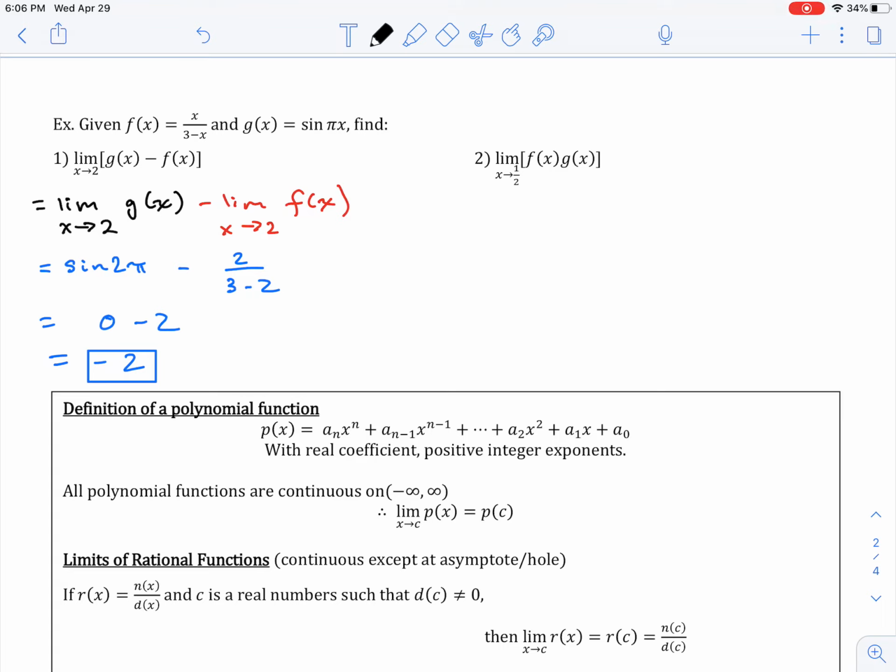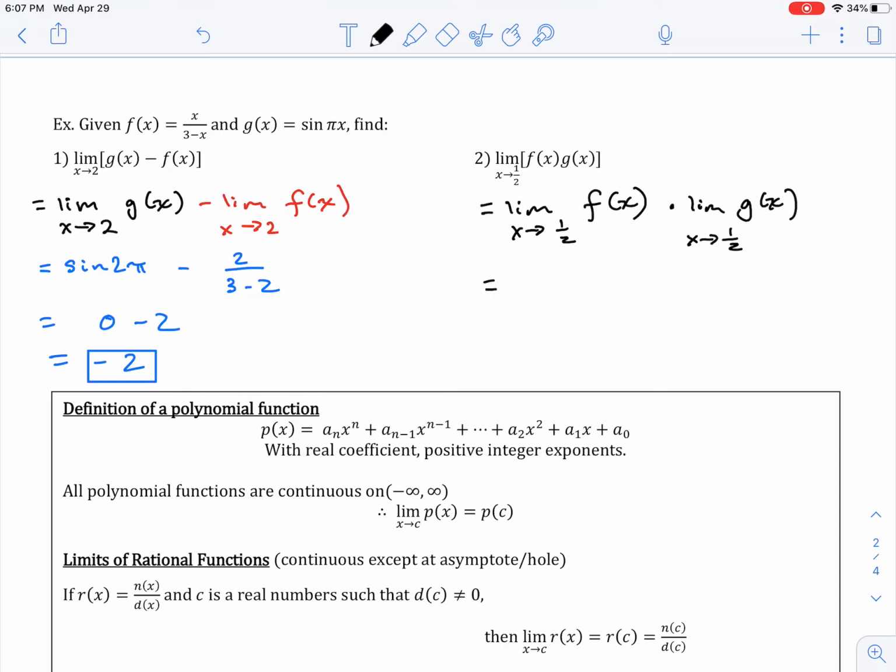This time we are finding the limit of f of x times g of x as x approaches 1/2. So again, using the limit properties, I can rewrite this and say, what is the limit of f of x, and take that entire limit and multiply it by the limit of g of x as x approaches 1/2.